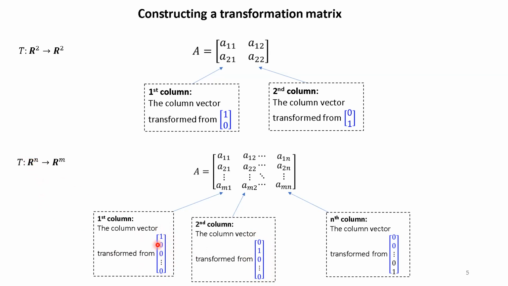But regardless, you take the first one and ask yourself how it transforms. If you know that, you put that as the first column. And then you ask how the next vector transforms, and write this as the second column of your matrix, and so on.